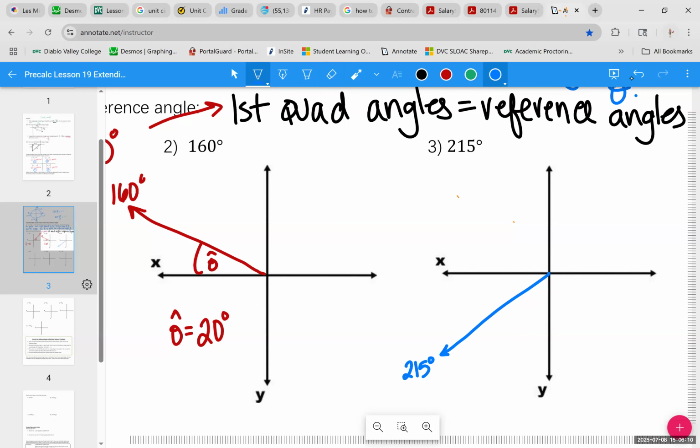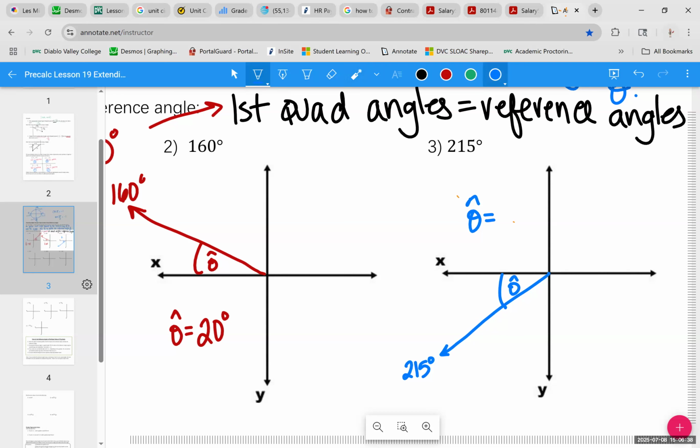So where is the reference angle? Terminal ray, x-axis. It's right here. And what is its measure? How big is it? Well, if this is 180, how much further did we go to get from 180 to 215? 35.